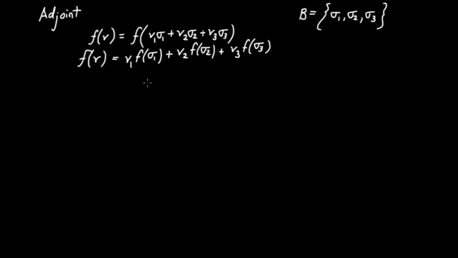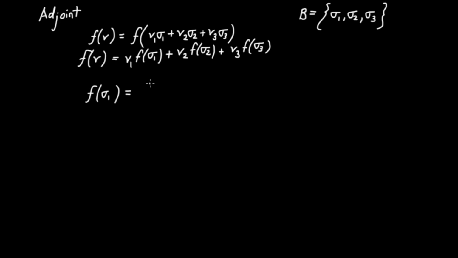So f of sigma 1, once represented in the basis, is going to be the first column of the associated matrix that represents the linear transformation f. But what I'm going to do here is consider f of sigma 1 for a second. We can actually do something pretty interesting because we're representing everything in an orthonormal basis. So I'm going to expand this out as a linear combination of sigma 1, sigma 2, sigma 3.